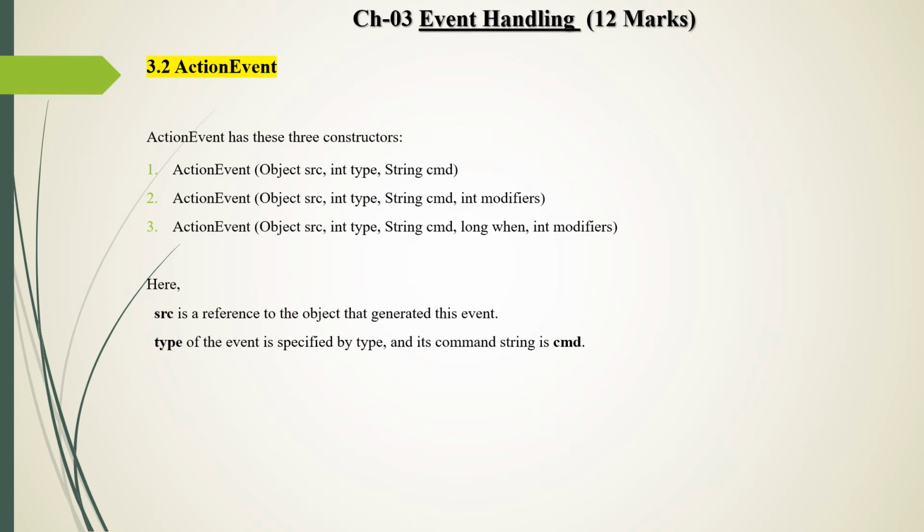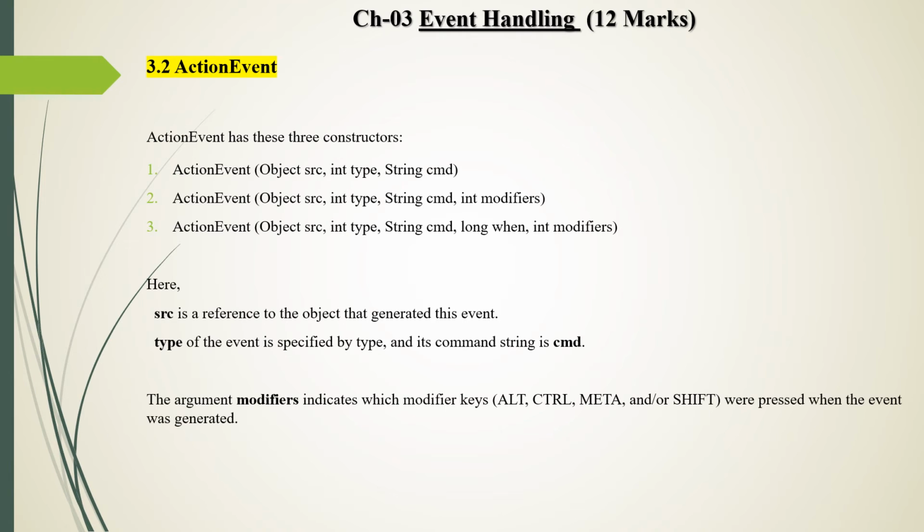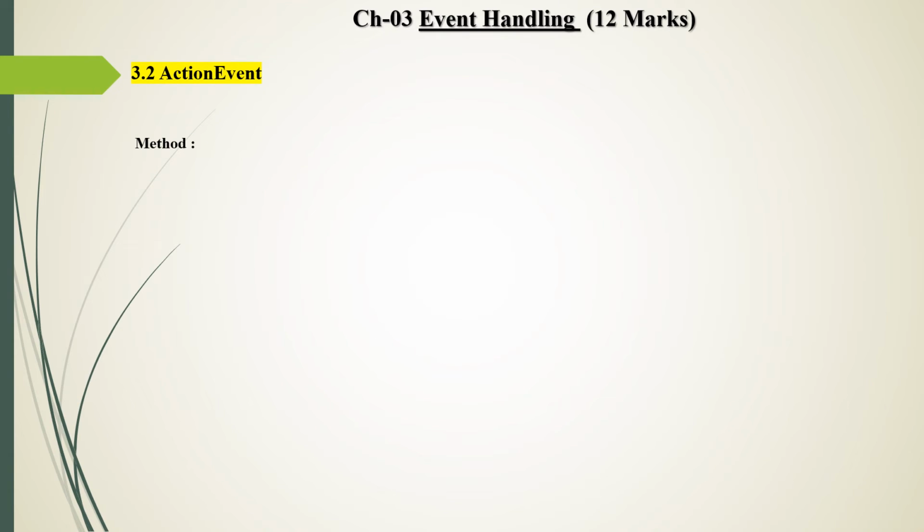Second one is the type of the event, specified by type, and its command string is cmd. So these two parameters are explained here: type of event and string command. Then the argument modifier indicates which modifier key, for example alt, control, meta, or shift, was pressed when the event was generated. And the when parameter specifies when the event occurred, that is the time.